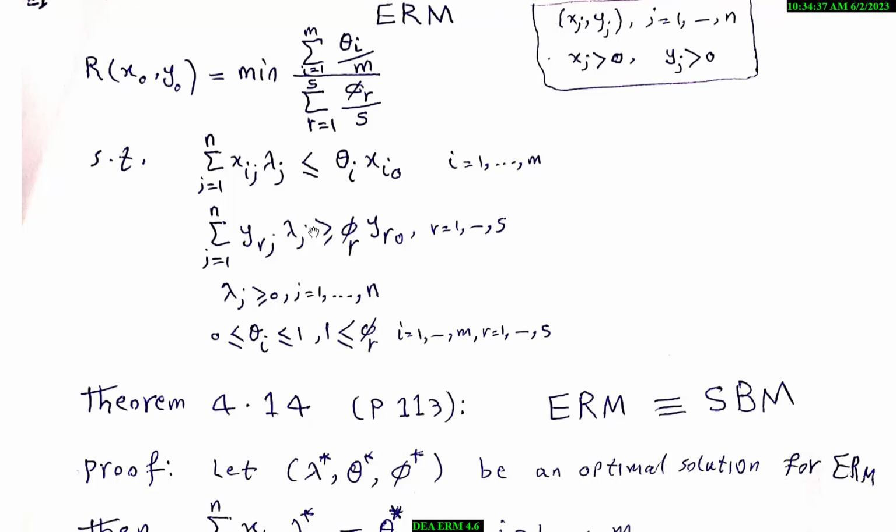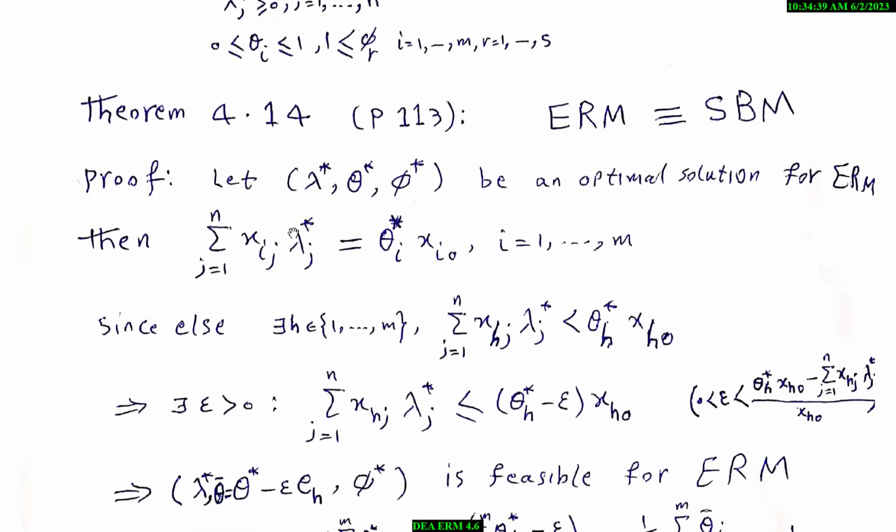To prove, first we consider the first set of the constraints. So for any arbitrary optimal solution for ERM, we prove first that these all should be in equality.